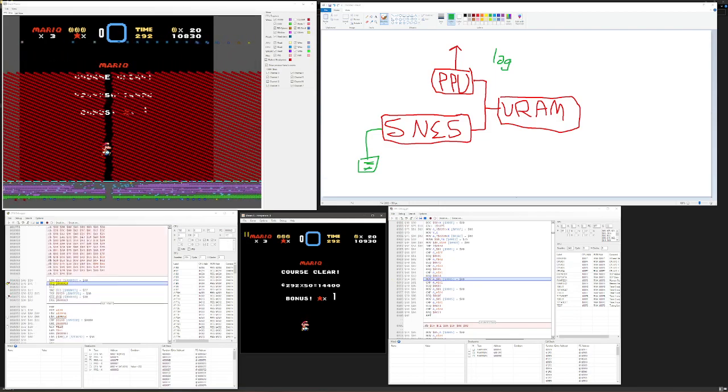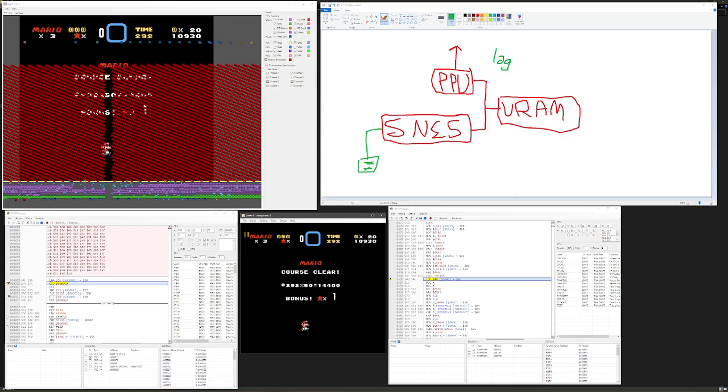Basically, Mario's walking on the ground. That's the only thing that's happening. The game's calculating bonus stars. Bonus stars might do a little bit extra lag. I say a little extra lag, but a lag frame is when it actually has to take an extra frame. What I should say is it takes a little bit more execution time. And every single thing that the game has to do does contribute to execution time.